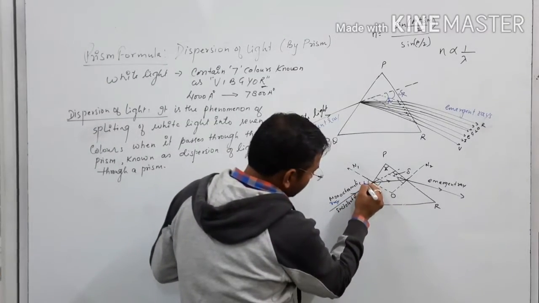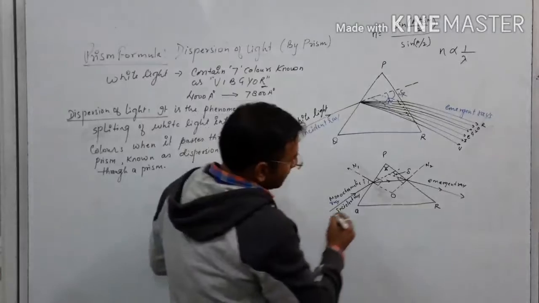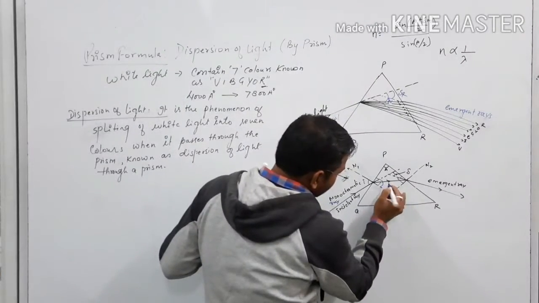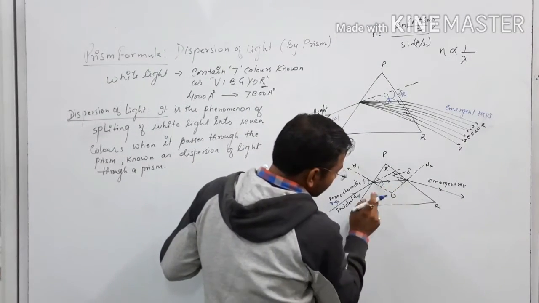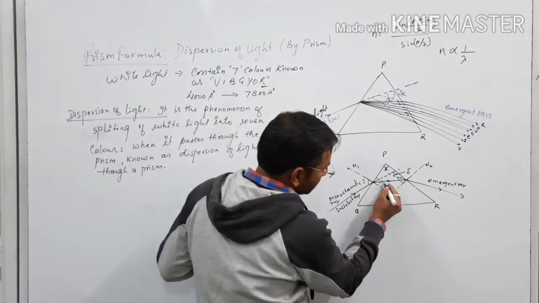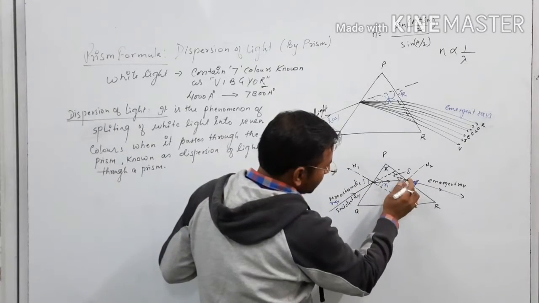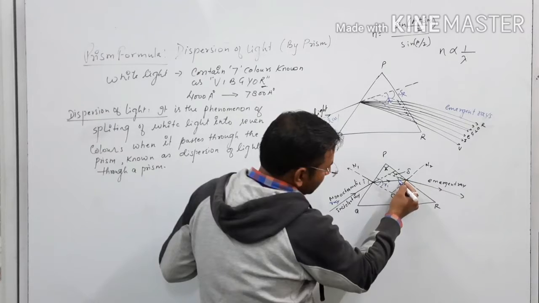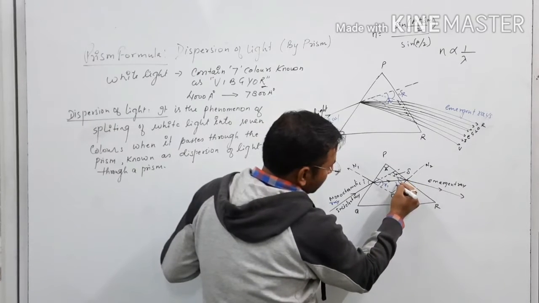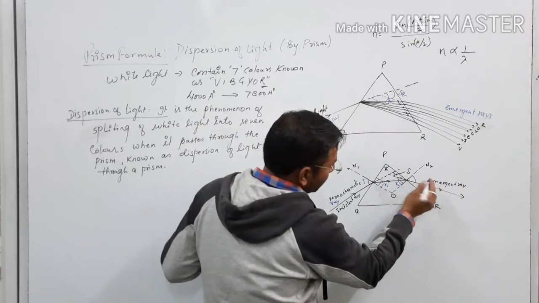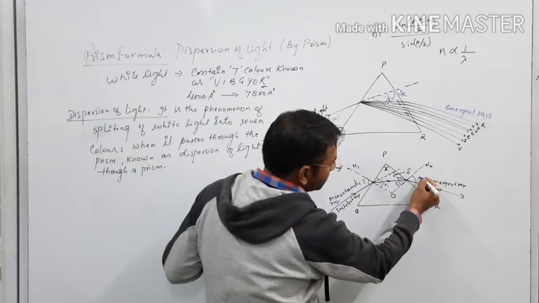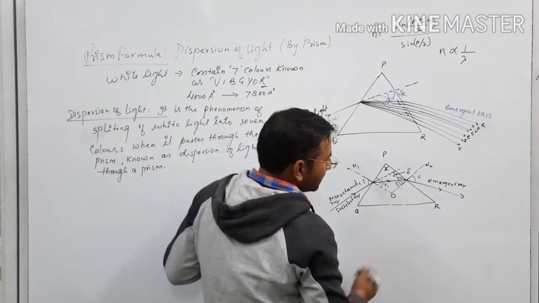This angle is the angle of incidence, and the angle which the refracted ray makes with this normal ON1 is called the angle of refraction. Similarly, here R2, and here this is the emergent angle.